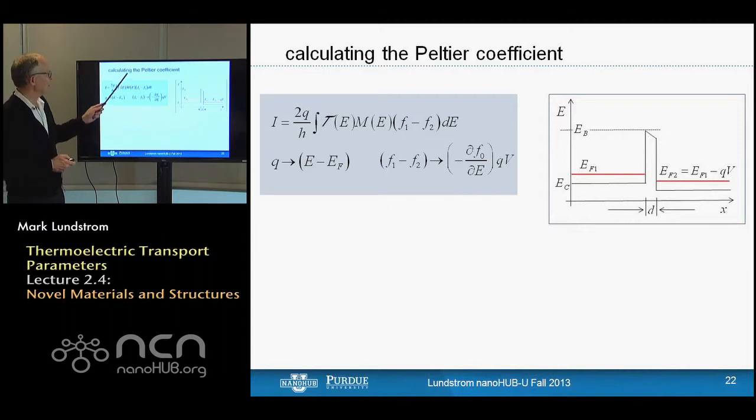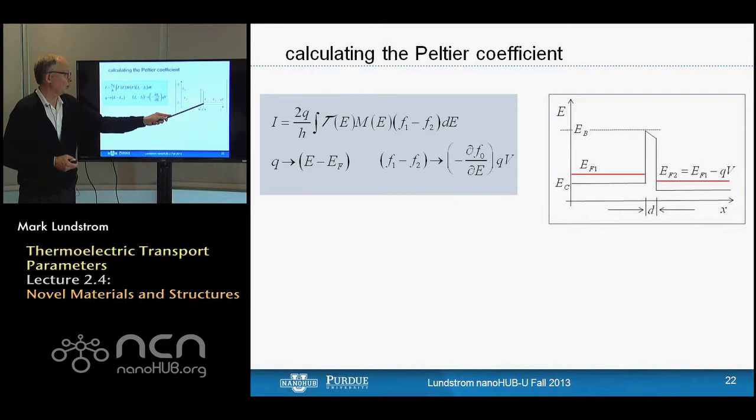Okay, so we could go through now and calculate the 4 thermoelectric transport coefficients for this different device. Let me just do the Peltier coefficient, and then I'll quote the results for the others. So let's start with our expression for the electrical current, this Landauer expression. We're going to try to calculate the heat current pumped by this device. So instead of charge flowing, we have heat flowing, and we have to put E minus EF inside the integral and then integrate over all of the channels.